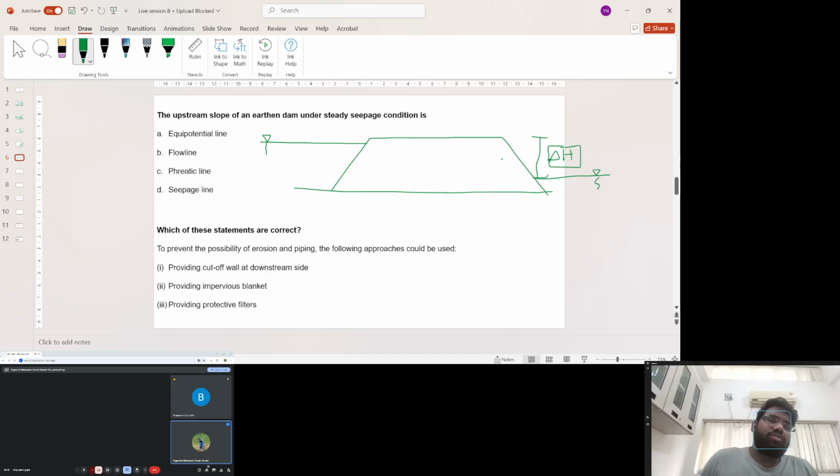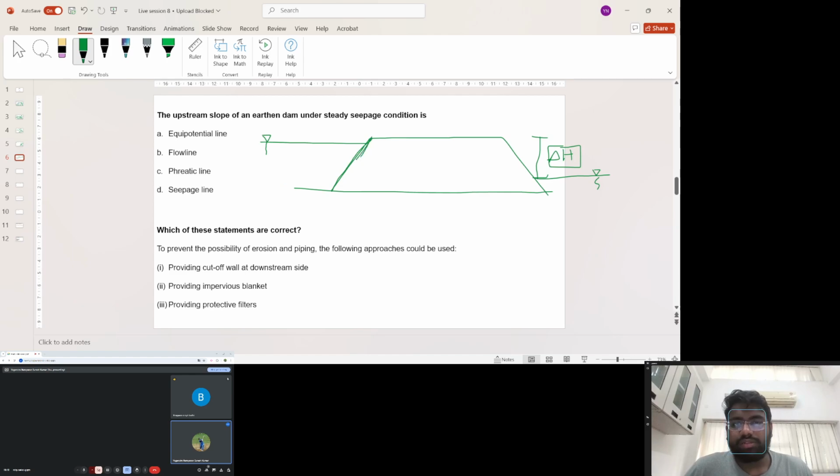That means the entire flow and discharge will be maintained constant since there is no change in head difference, right? Now what they are asking is the upstream slope of an earthen dam under steady seepage condition.